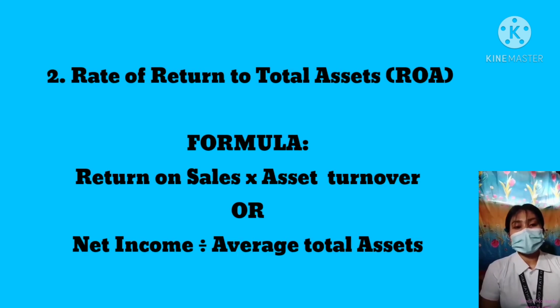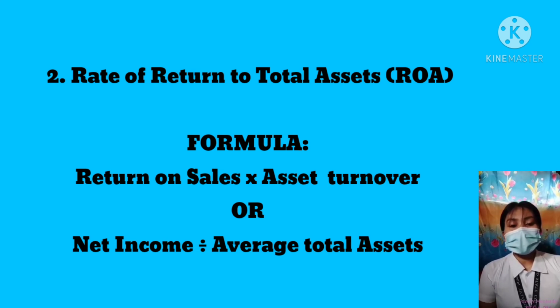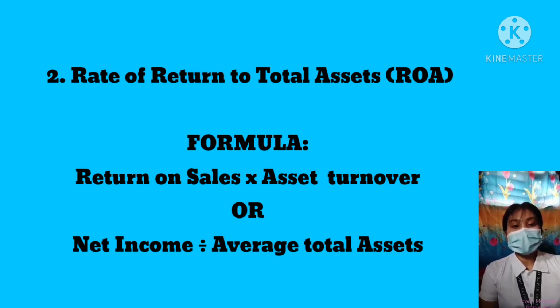Number 2, rate of return to total assets. The formula is return on sales times asset turnover, or net income divided by average total assets.